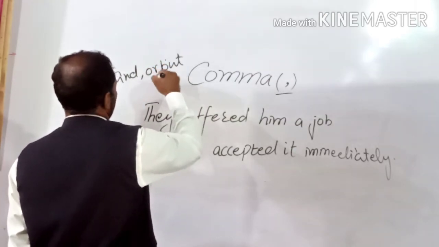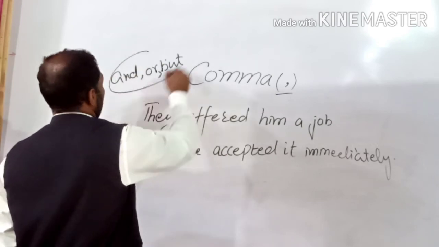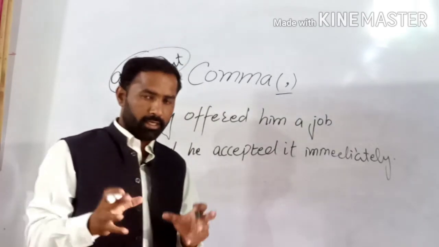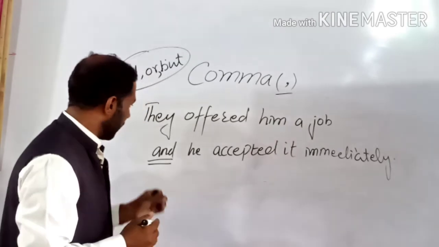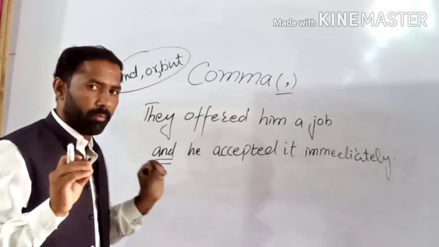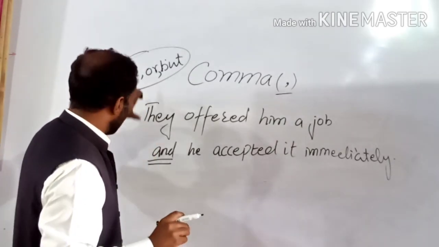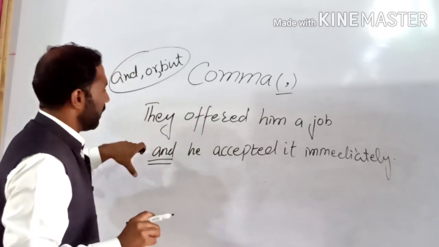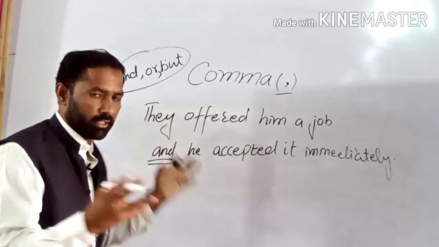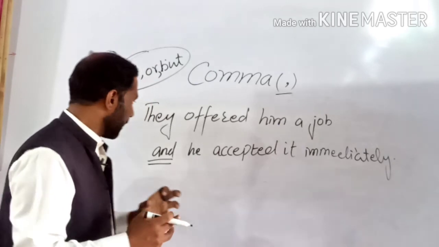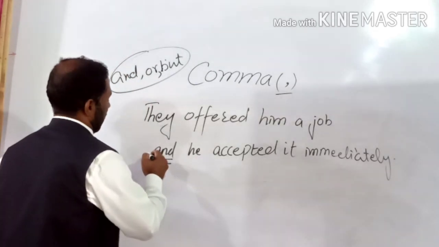So before the coordinating conjunctions and, or, but, these three are called coordinating conjunctions. If we are using two independent clauses and we use a coordinating conjunction in between to connect both independent clauses, before it we use a comma.